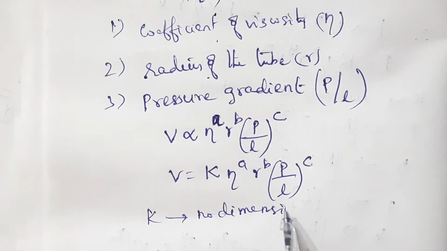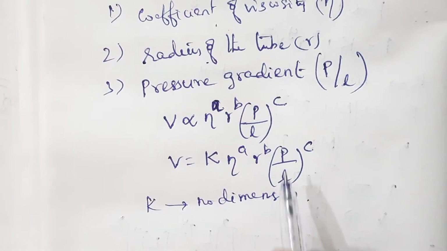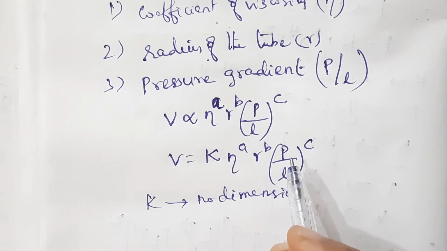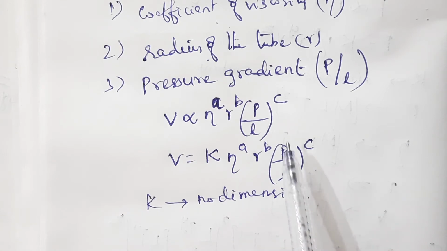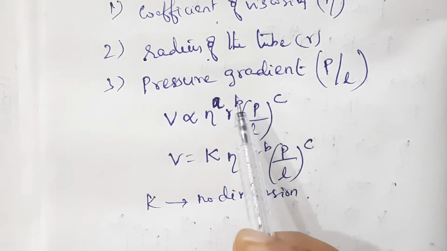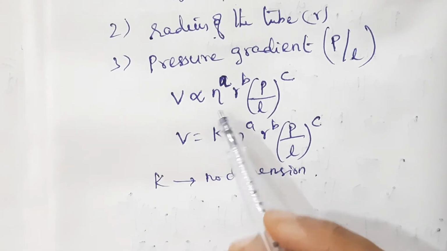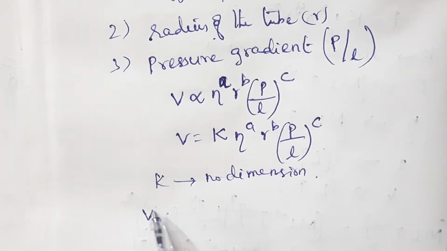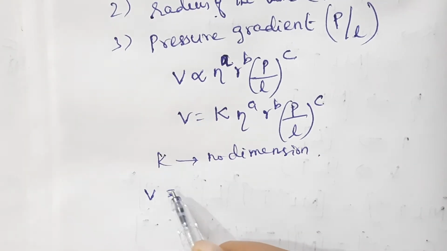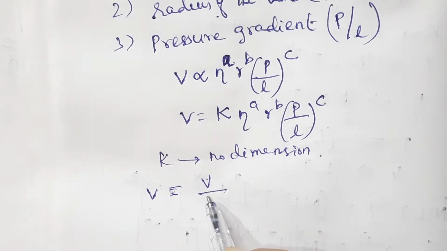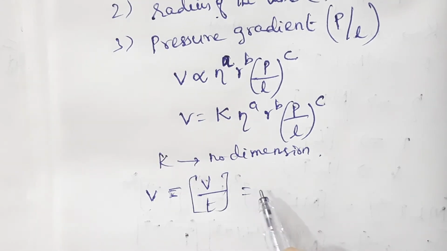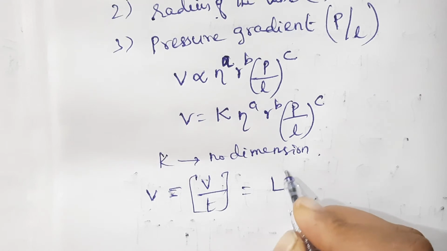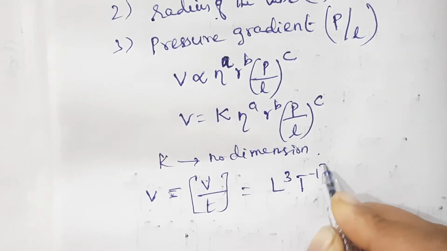We substitute the other dimensional formulas, and by solving we will get the powers A, B, C, and then we will get Poiseuille's equation. Let's see. The dimensional formula for volume per second is L cube T raised to minus 1.